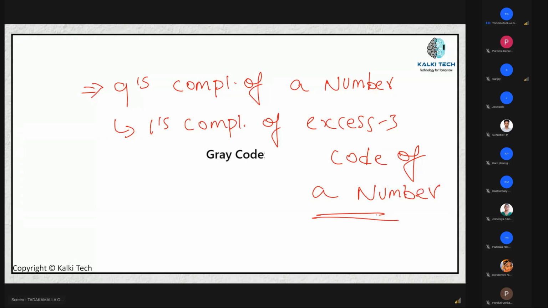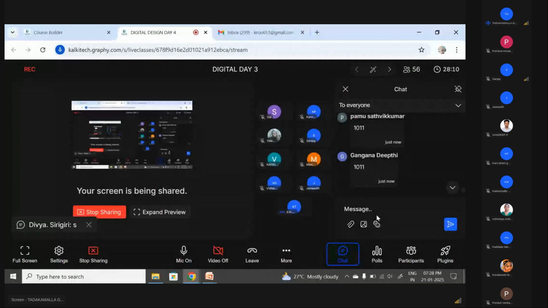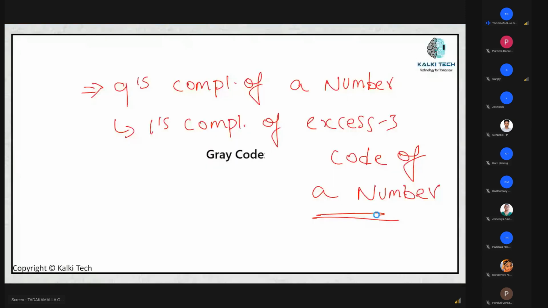Can everyone agree with this point? If we want to find the nines complement of a number, just find the ones complement of its XS3 number. Let's see how we are getting to this conclusion.